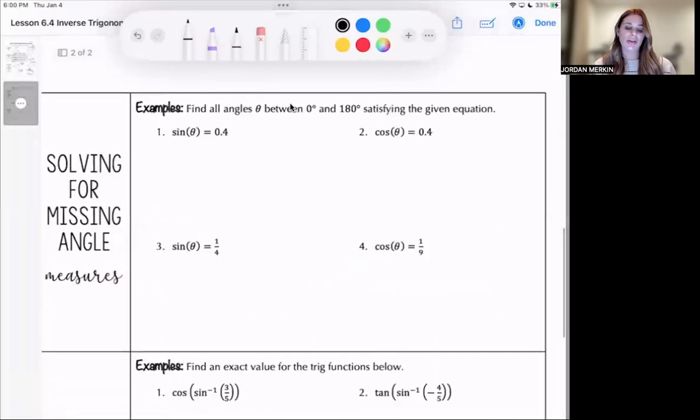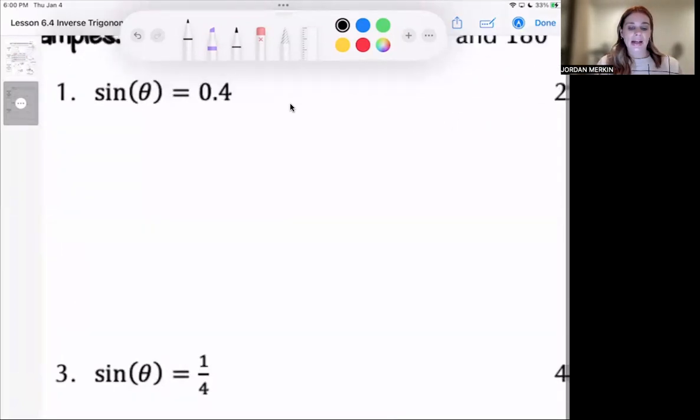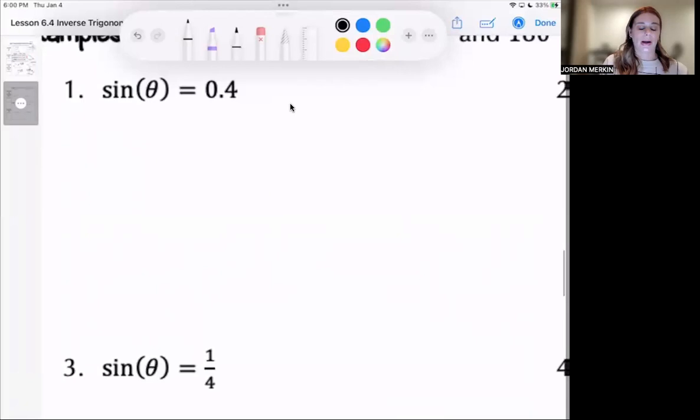Now what we're going to do is kind of work backwards. We're given an answer, and we need to find theta between 0 and 180 degrees that satisfies the given problem. Okay, so let's start with number 1. Sine of theta equals 0.4. Now note that this is greater than 0, it's positive.